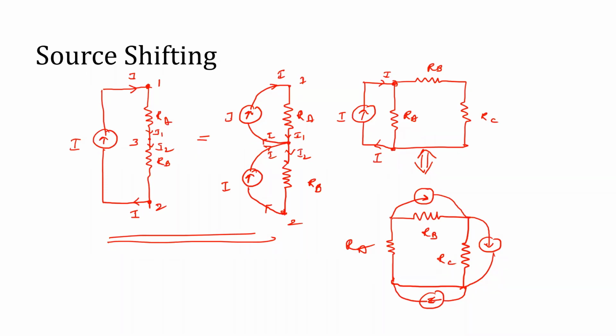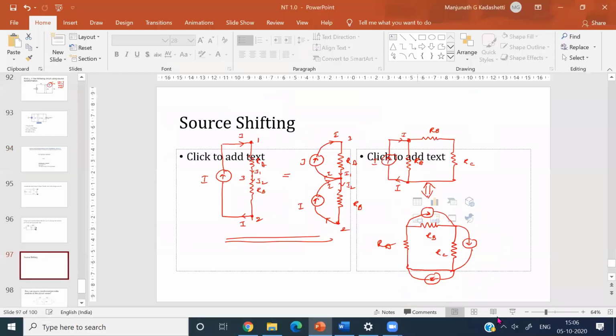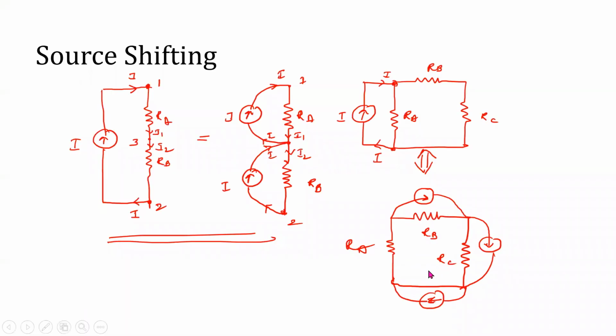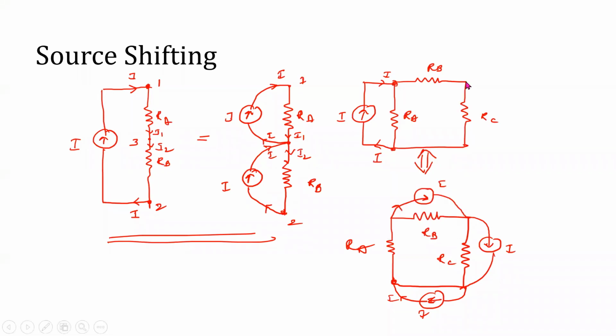So cross verify this. This is the node where current I is entering. This is the node where current I is leaving. All these are currents I. Here, that I current is not available at this node.